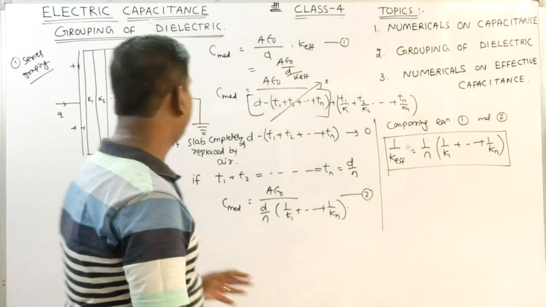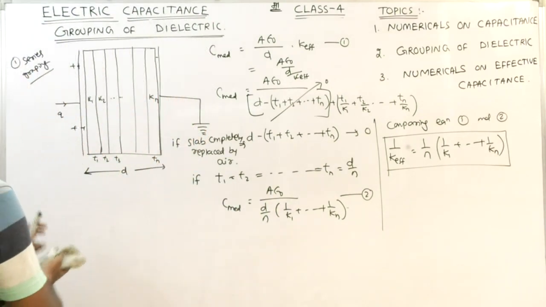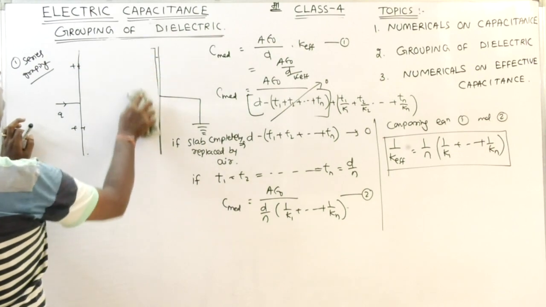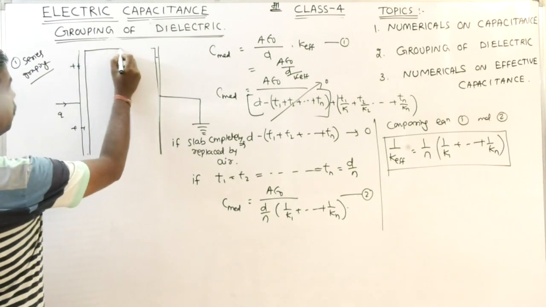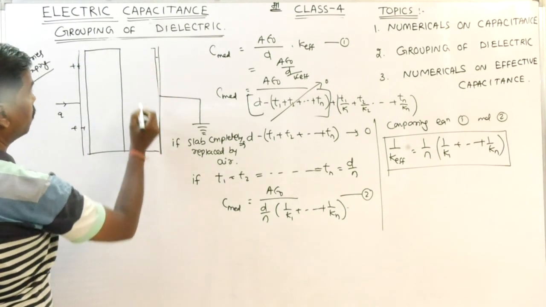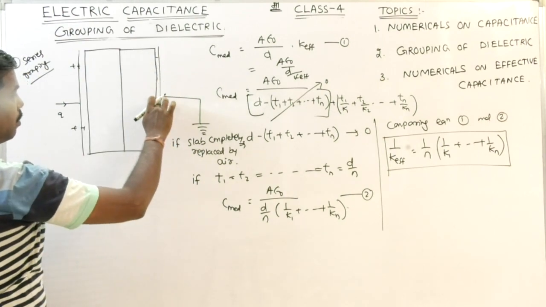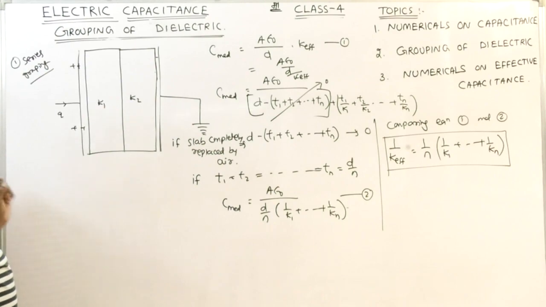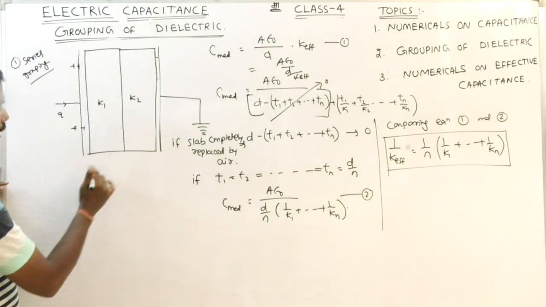Let us imagine the total capacitor is replaced by only two dielectrics, K1 and K2. So here the number of dielectrics N tends to 2.